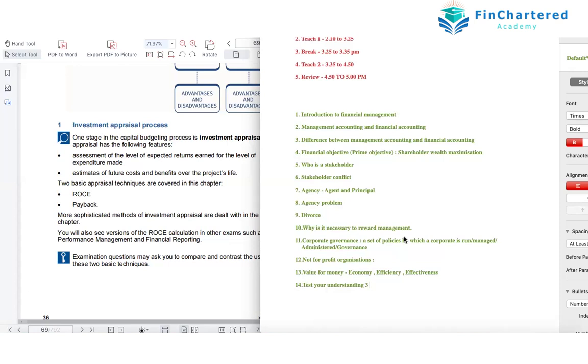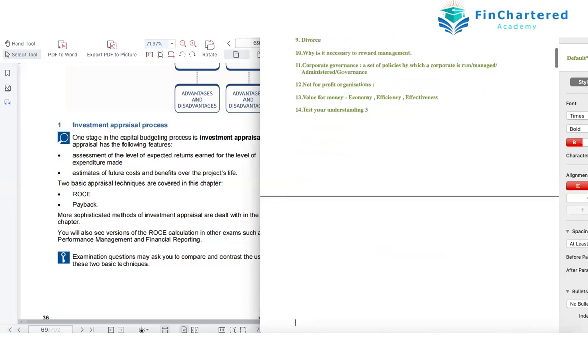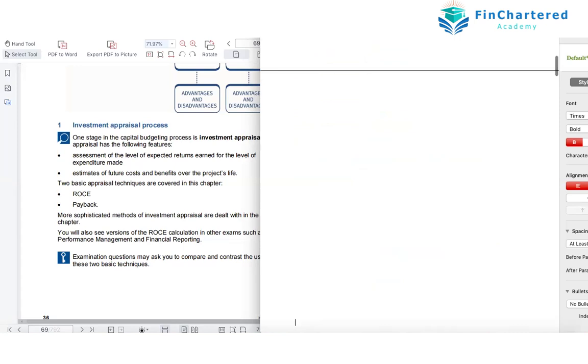Anyway, what I'm going to do now is basically do investment appraisal. What do I mean by investment appraisal? See, investment appraisal, we are basically going to learn how to choose which investment is better.